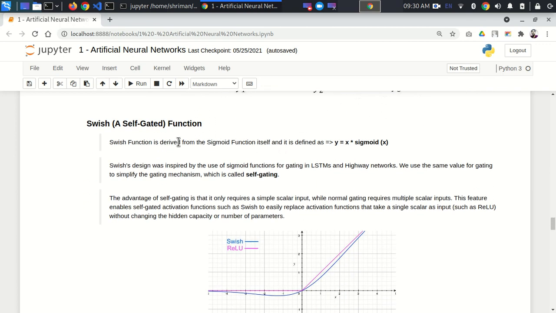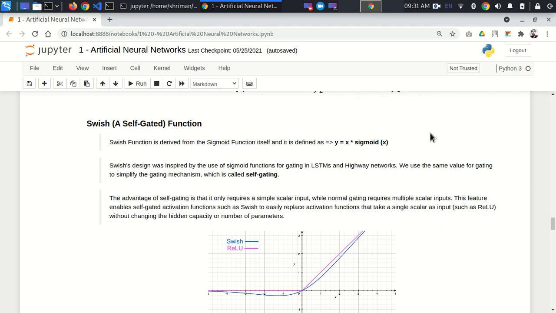Again, there is, guys, a Swish function, a self-gated function. So the Swish function is derived from the sigmoid function itself, and it is defined as this one. So people have derived another function which is derived from the sigmoid function itself. They have multiplied the inputs with this sigmoid. So people were saying, okay, fine, sigmoid is a very popular function that people were using in ancient times. They were thinking, okay, sigmoid is good.